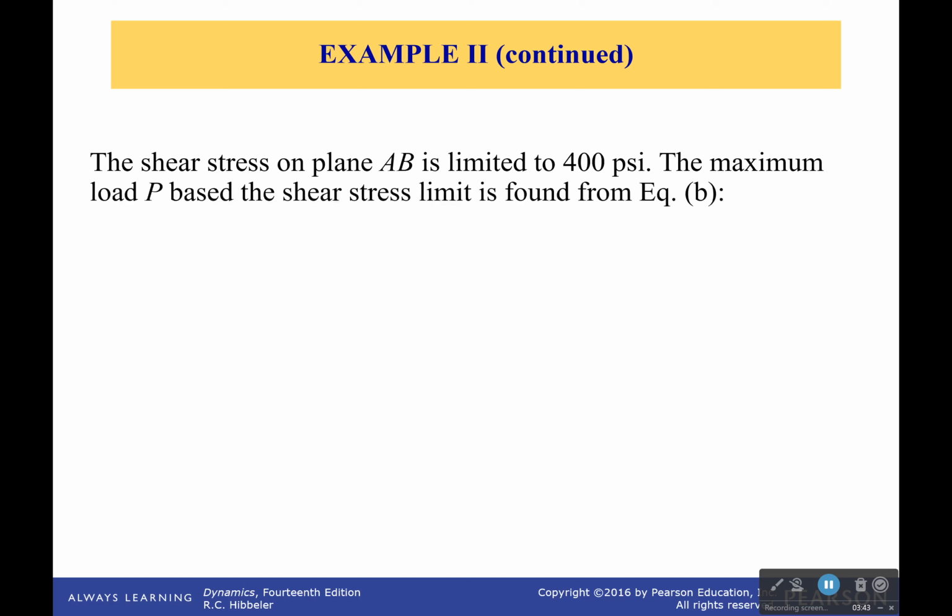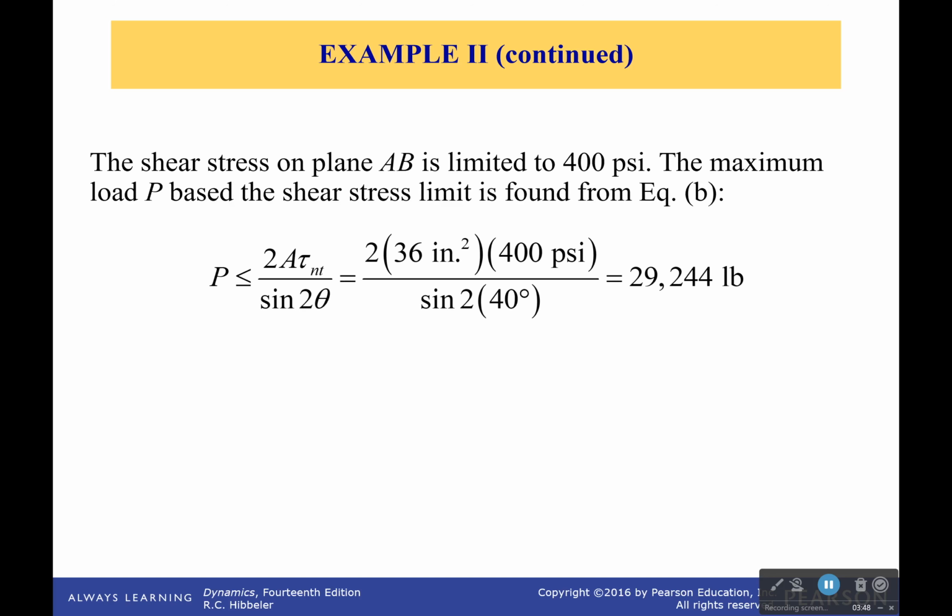So let's check the shear stress and see if it would have hit its maximum first. So we have a very similar equation. We have just rearranged things again. So we had before that the shear stress was equal to P over 2A times sine of 2 theta.